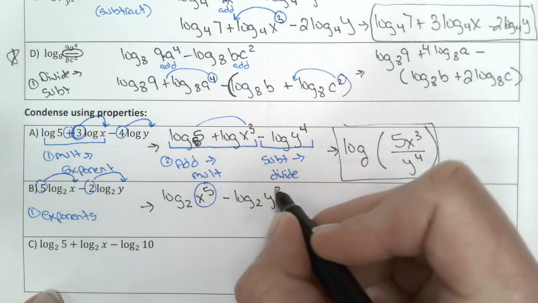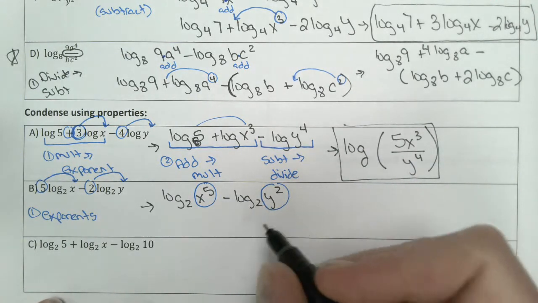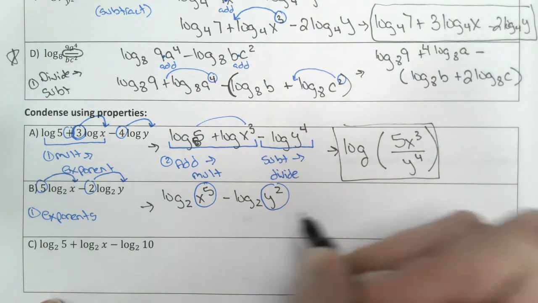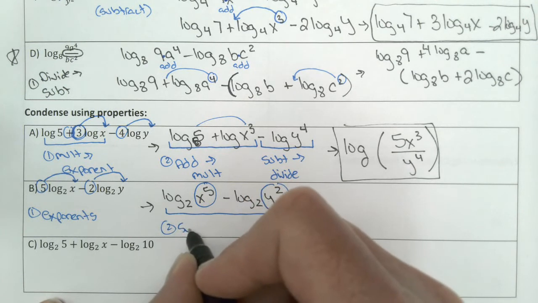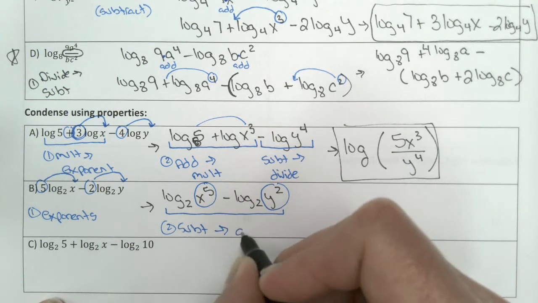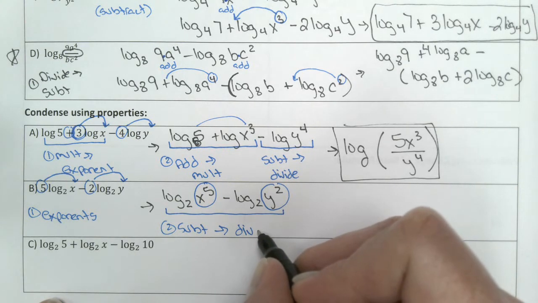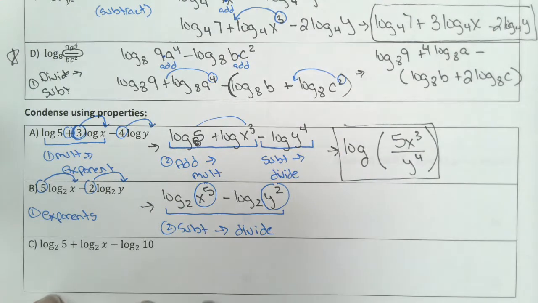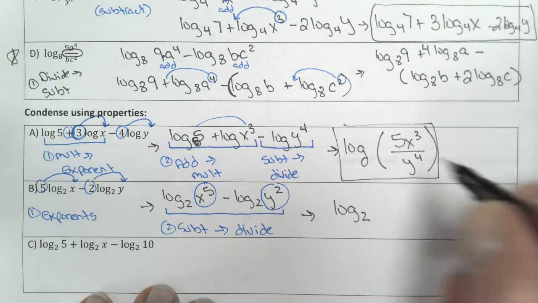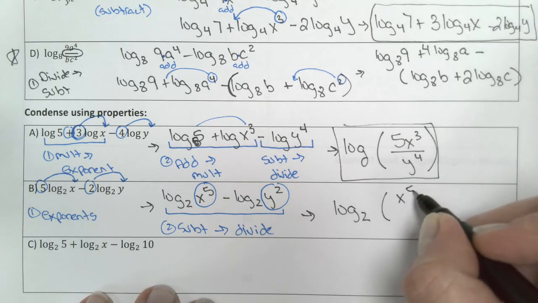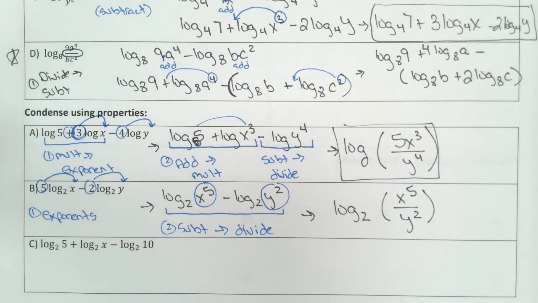So this x to the fifth and this y to the second, those are the two things that are going to end up together. And then I see subtraction. And when I condense, I need to use division. D-I-V-I-D-E. Okay, so my good final answer, log base 2, that I'm going to only write one time, x to the fifth divided by y to the second.